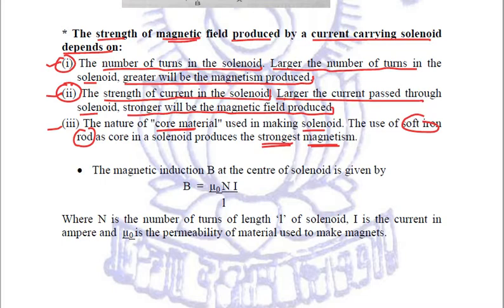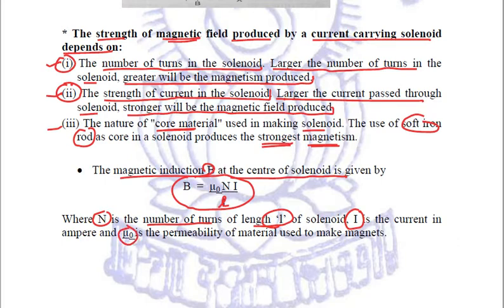To calculate the magnetic induction B at the center of solenoid, we use this formula. B is equal to mu 0 N I upon L. This is L. Here N is the number of turns of length L. So L is the length, N is the number of turns, and I is the current.